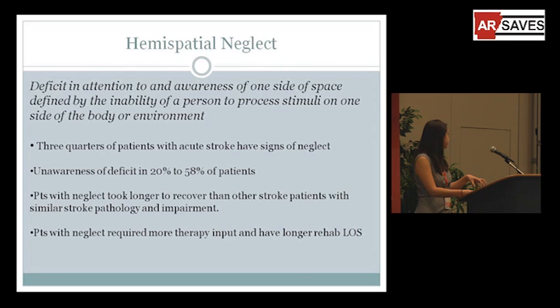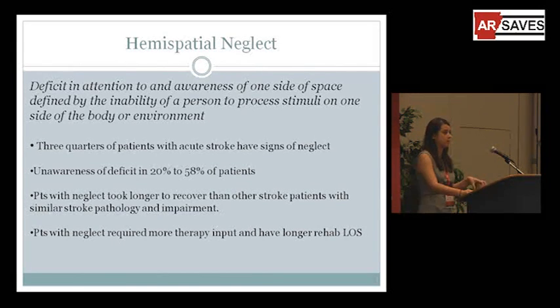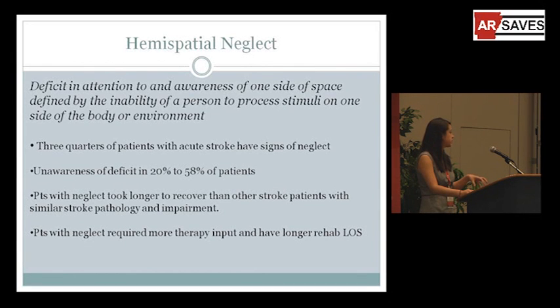And so hemispatial neglect, it's a pretty big problem in some of the large MCA strokes, some of the larger strokes. It's a deficit to attention and awareness of the one side in space. About 3/4 of stroke patients will have some kind of neglect.